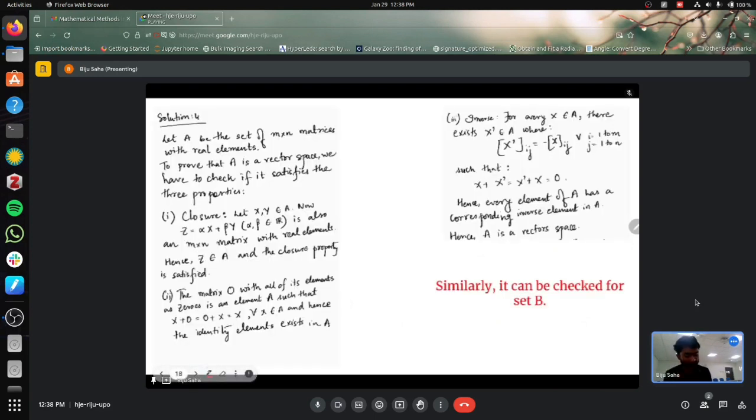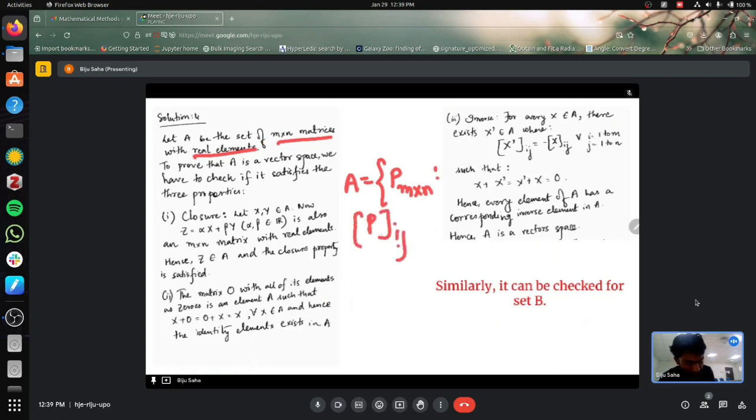I have done this for the set A, which was m cross n matrices with real elements. So this is the definition of the set A. Let us pick x and y from this A. They are again m cross n matrices with real entries.